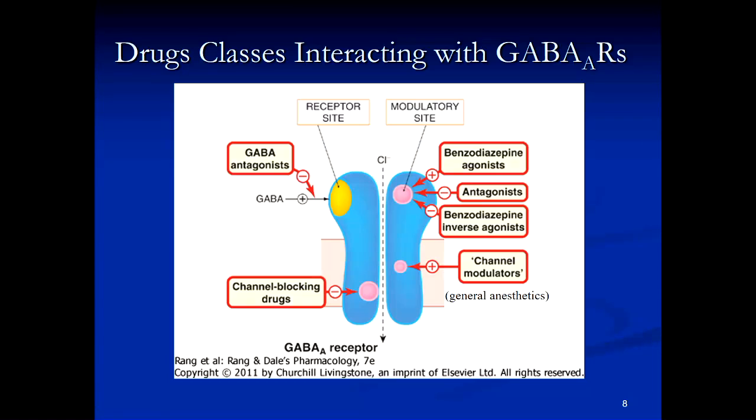So the gaseous agents we're going to talk about function essentially as modulators of these channels to increase the activity of GABA A receptors through their interactions at some binding site in the transmembrane portion of the receptor.